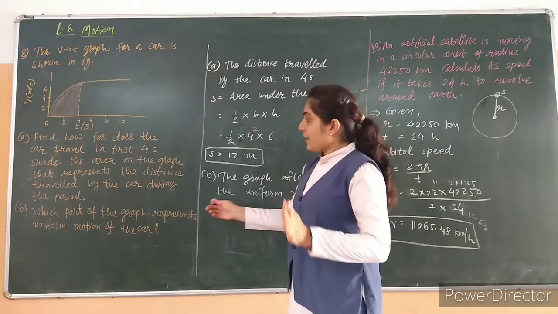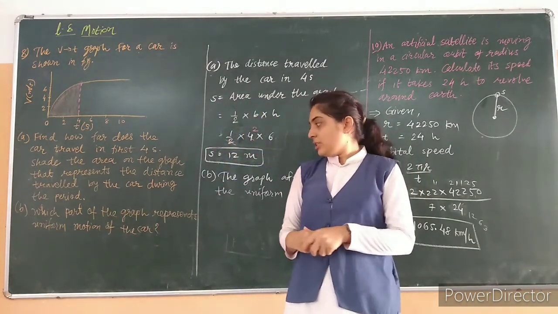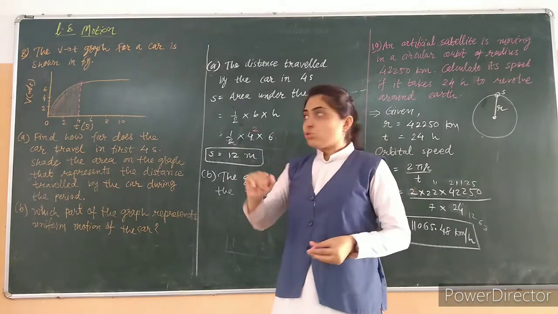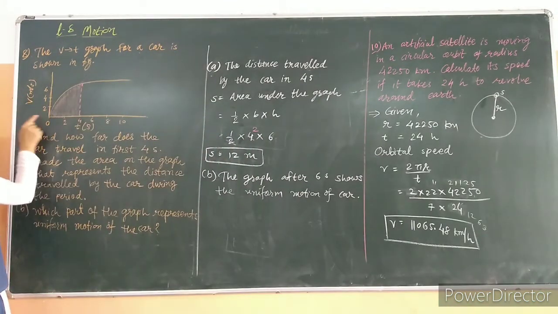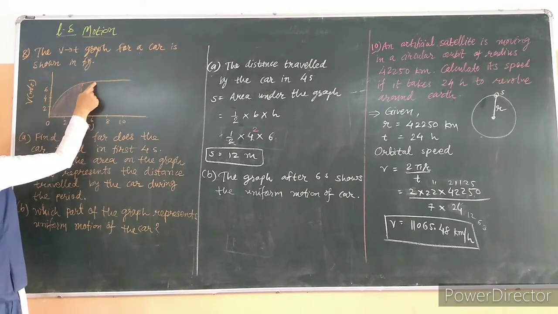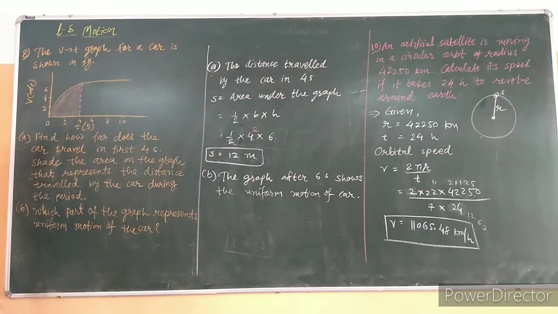Next question. What part of the graph represents the uniform motion of the car? Uniform motion means constant speed. So from the starting point, the speed increases with time. But after here, the speed becomes constant.